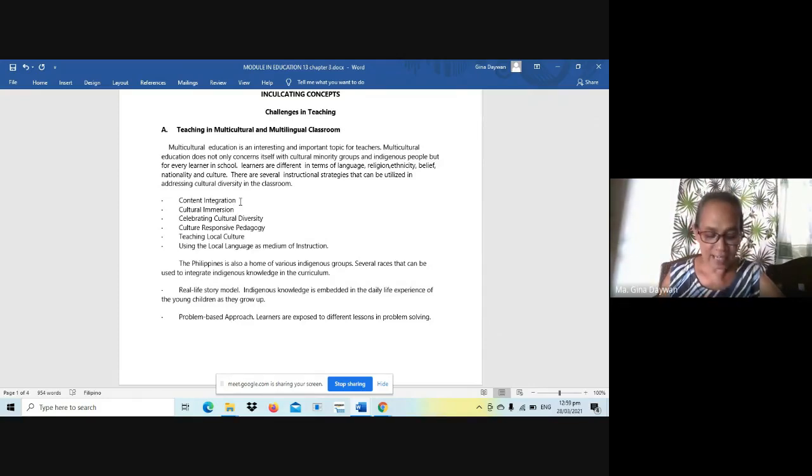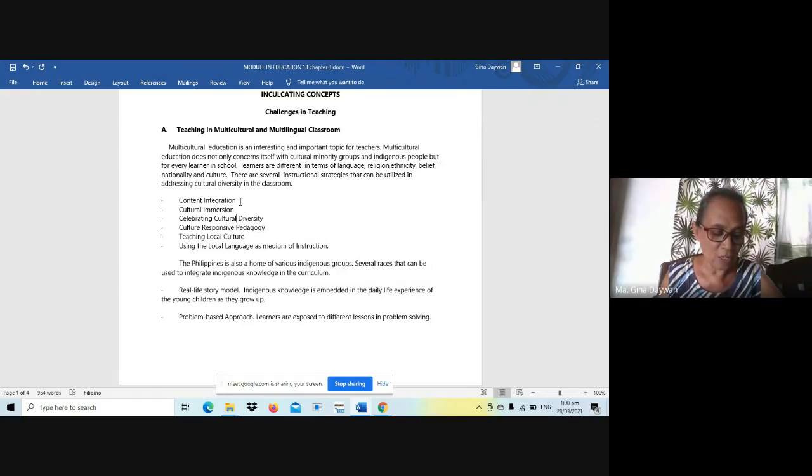Next, celebrating cultural diversity. Similar to what we do in the UN month celebration and in the Linggo ng Wika, students can experience and enjoy different cultural dances, folk literature, music, visual arts, and costumes.